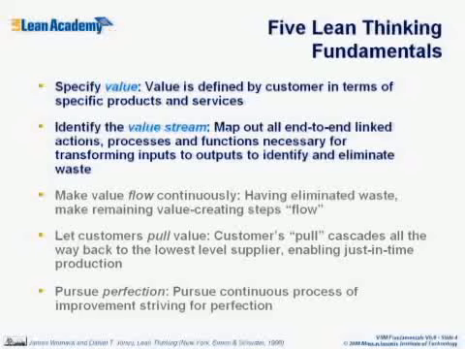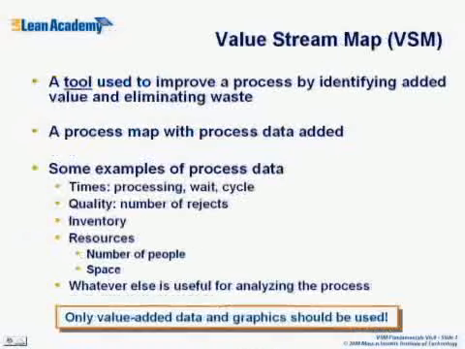Okay, so we're on the second stage of the 5 stages of lean thinking, the value stream stage. A value stream map is a tool to use to identify and eliminate waste. And I mentioned this, it's a map with process data added. And what kind of data do you add? You add the kind of data you need to improve that process.